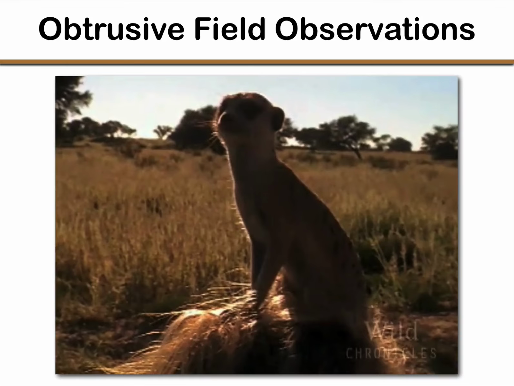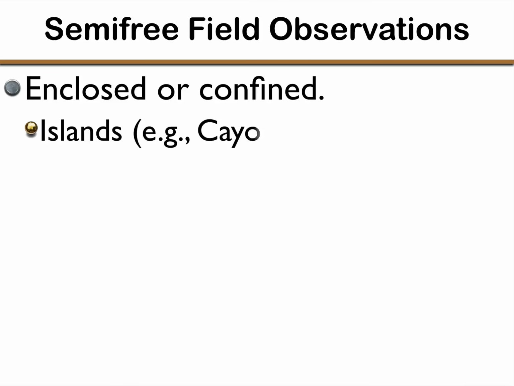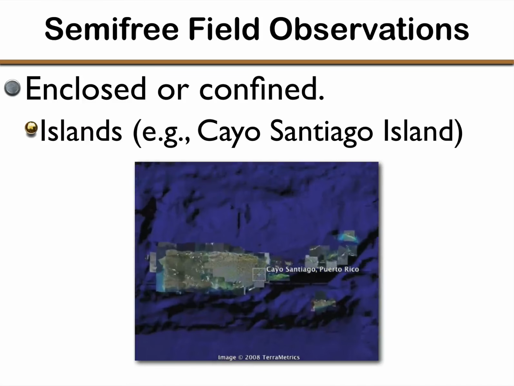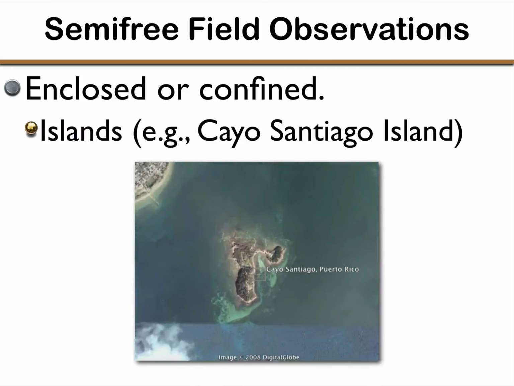Well, that's about as obtrusive as you can possibly get. Okay, the next point along our continuum is semi-free field observations, where there is some degree of confinement. There is some kind of an enclosure, but it's so large that it probably doesn't matter all that much.